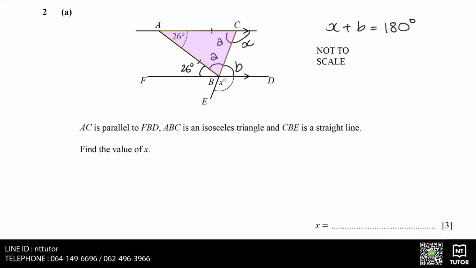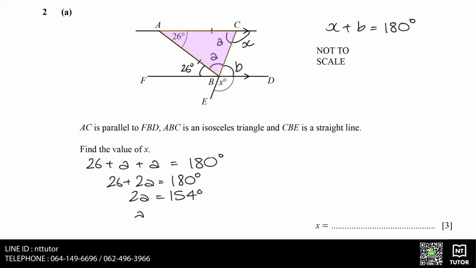ABC is a triangle. This means that all the angles add up to 180 degrees, so we can use this fact to solve for A. So A equals 77 degrees.